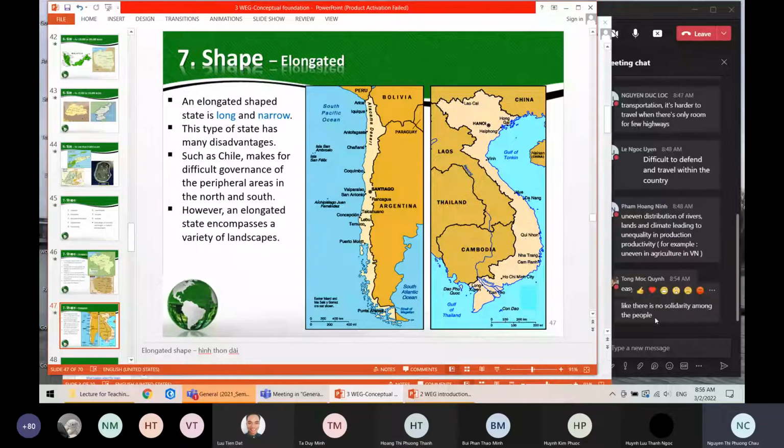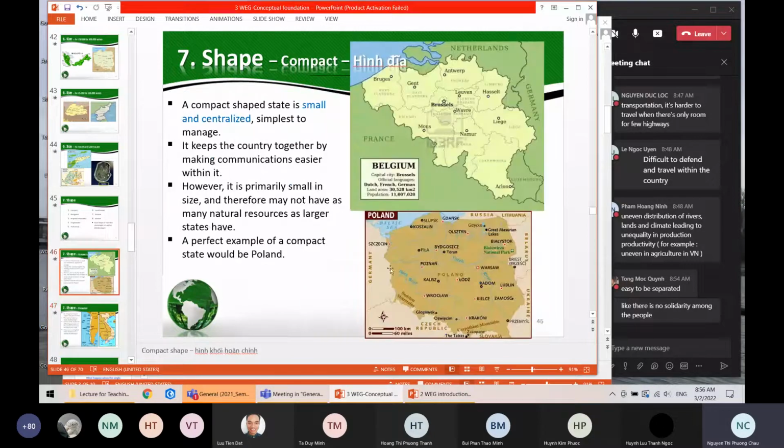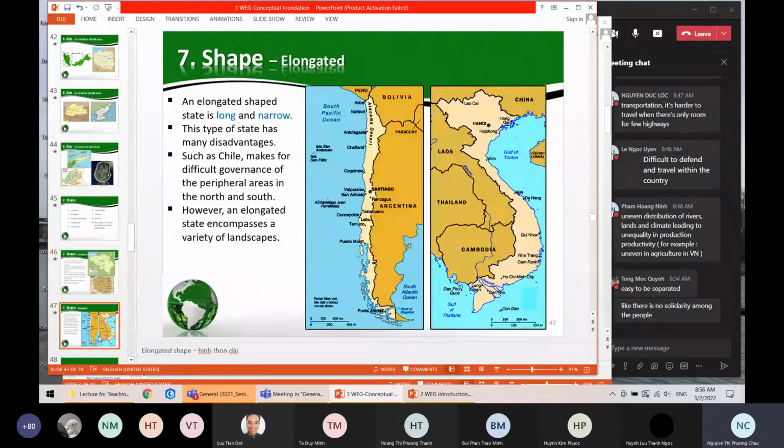Mộng Quỳnh mentioned about easy to separate, I say easy to be broken. With the shape of compact cookie and elongate cookie, which one is easy to be broken into pieces? Long and narrow, right? This long one is easy to be broken in the middle.